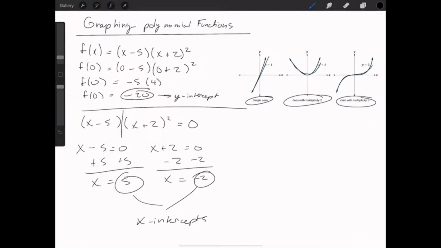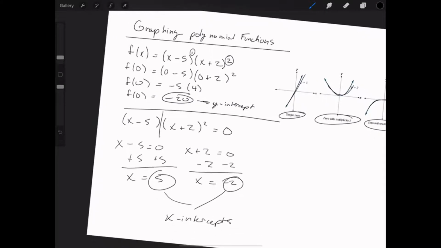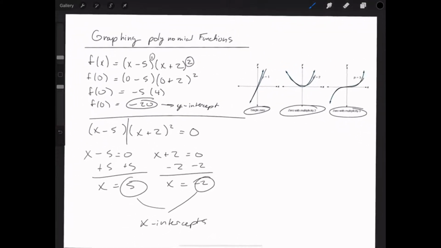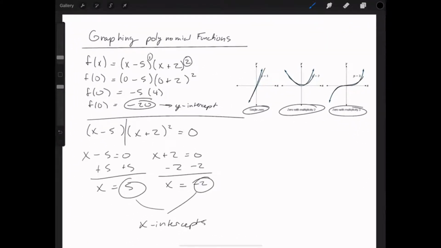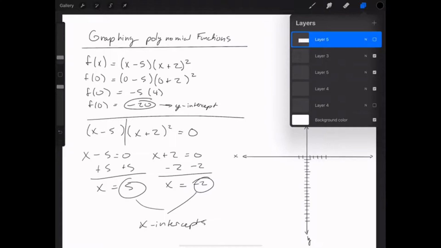So in our example, the x-intercept has a multiplicity of 1, as well as a multiplicity of 2. Specifically, the x-intercept 5 has a multiplicity of 1, and the x-intercept negative 2 has a multiplicity of 2. So the line will end up crossing through 5 on the x-axis, which I have my graph here.